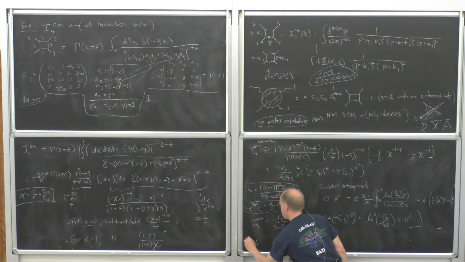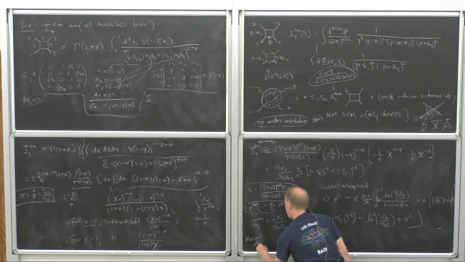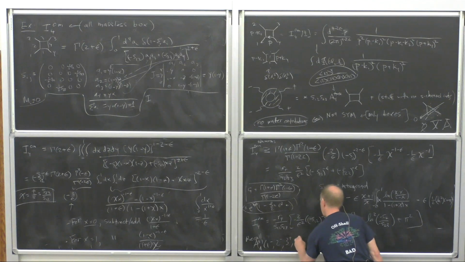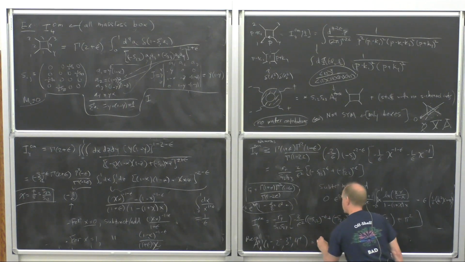and then recall that A for 1 minus 2 minus 3 plus 4 plus was essentially this box integral.